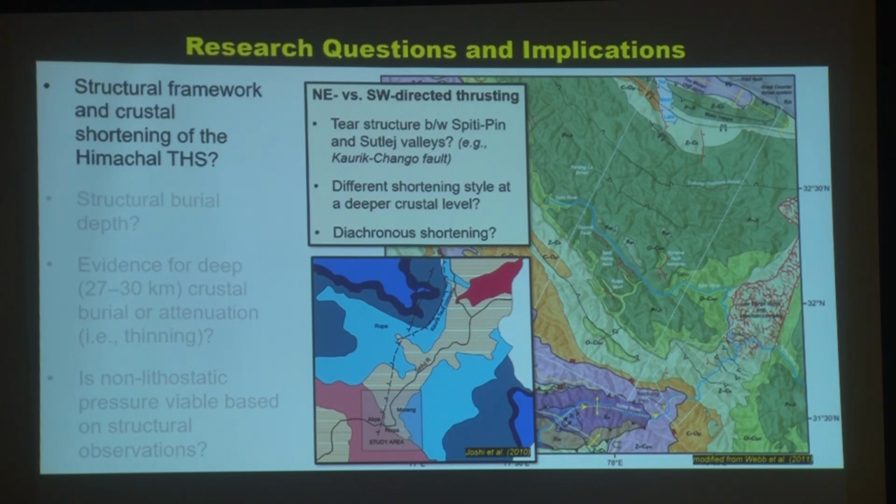So if there is this different shortening style, we didn't capture it in the balanced cross section here, but that's one option. Another option is that there's diachronous shortening, or shortening in different styles at different times. And so much more work should be done to really parse that out: more mapping, and also more time constraints.